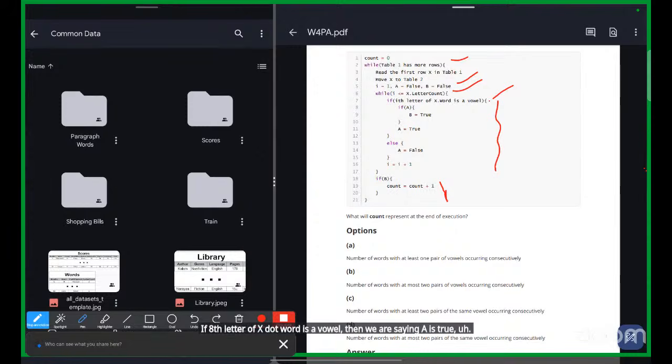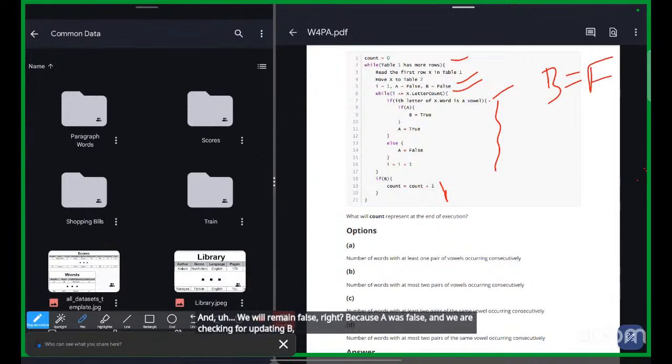If this condition in line number 7 is true, then we are checking another thing, whether a was true or not. In the first iteration, that won't be the case. A is false, and B will remain false, right? Because A was false and we are checking whether A is true or not to update B. So A was false, so B will remain false.